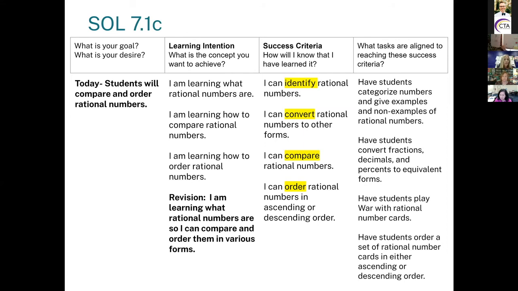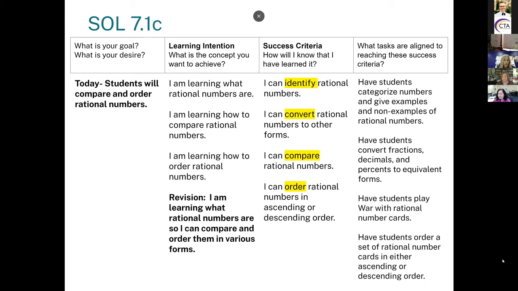So the whole point of teacher clarity is that you want to make sure that your learning is organized and intentional. And I saw some of you place that word intentional in the chat, and I'm so happy to see that. We don't want to just haphazardly pick activities or tasks that we think look good or would be fun. We want them to have a purpose, and we want them to meet our success criteria.